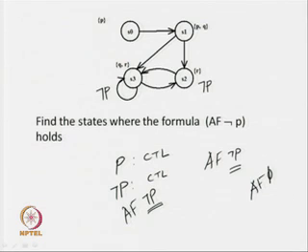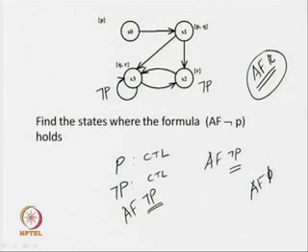Now, you just see that I have already analyzed this formula: in all paths in future, R is true or not. When we analyzed this formula, we found that in all those states AFR is true, because in future we are going to get one state where R is true. So, this is the same behavior we are going to get. Say in S2, R is true, similarly not of P is also true. In S3, R is true, here also not of P is true.